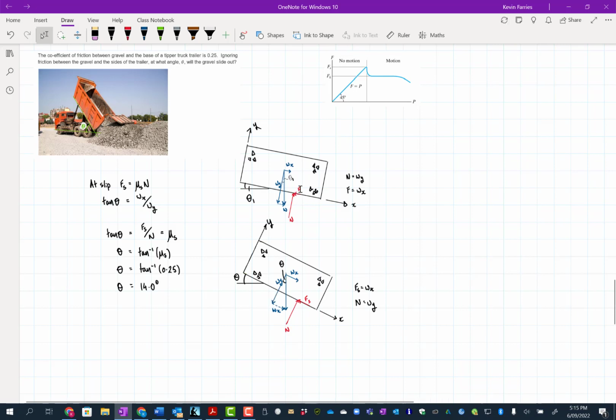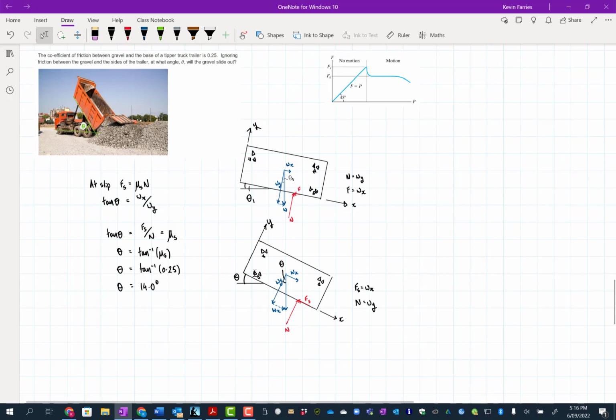Now, up to a certain point we can generate that force, and so we're running up this part of the graph. And then we get to the critical point where that frictional force is equal to the static friction, and the normal force is just equal to the Y component of that weight.